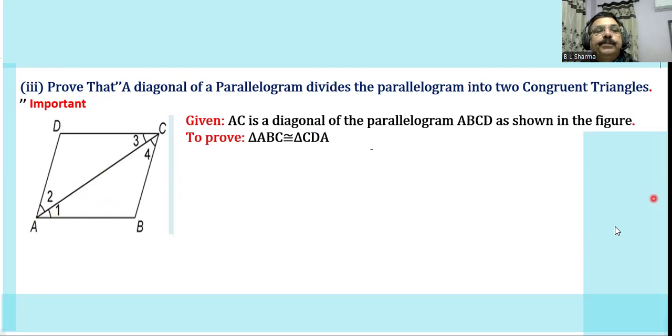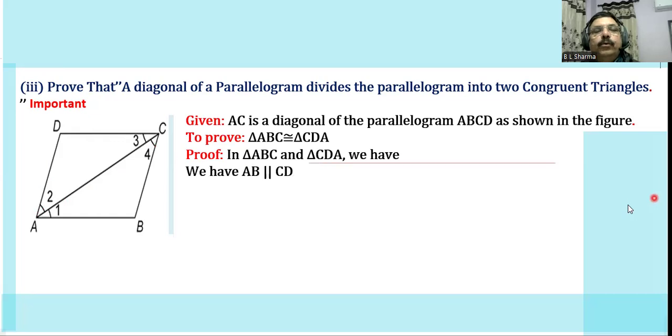See how to prove. In triangle ABC and CDA, this is triangle ABC. And this is triangle CDA. We have AB is parallel to CD by definition that opposite sides of a parallelogram are parallel.